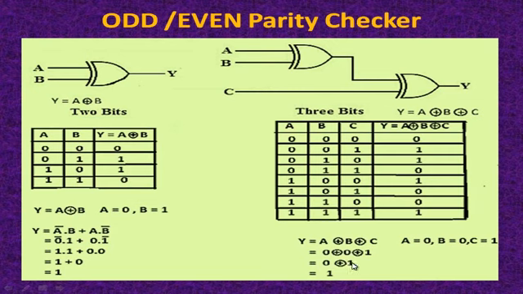And by taking this 1 for XOR, as any one input is high, the output will be high. This is the output of the XOR gate. So the output is high when only one input is high from these three inputs. Means we can say that the output is high for an odd number of high inputs.